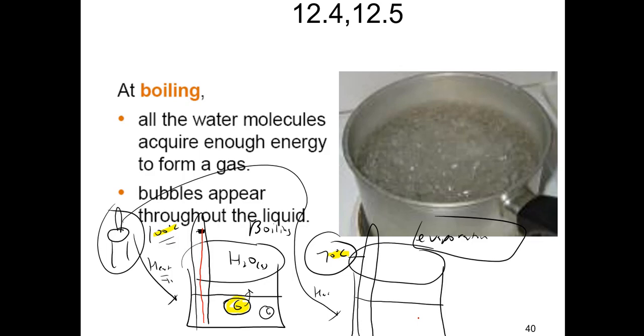Now evaporation occurs all the time. The energy from being in a room will evaporate spilled water on a counter, for example, or the sun will evaporate water outside. But in this example, I'm just using a Bunsen burner. If it's less than 70 degrees, then the best example to explain evaporation is to look at a game called Red Rover.